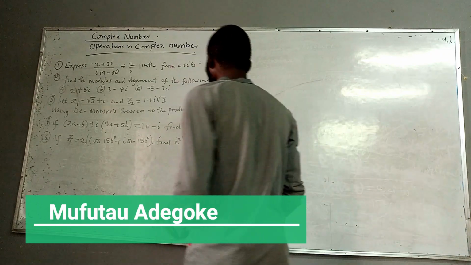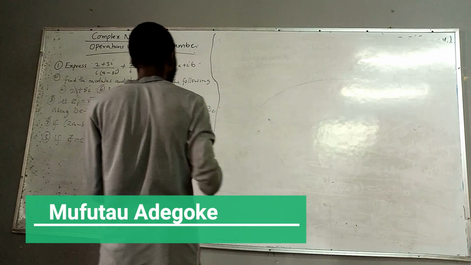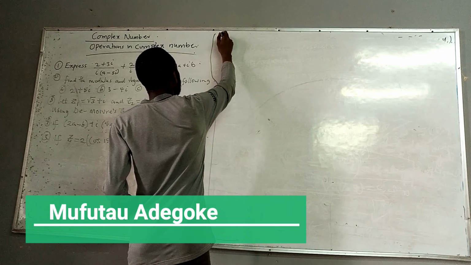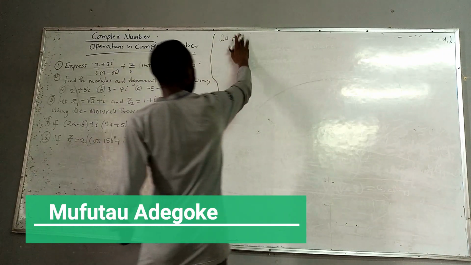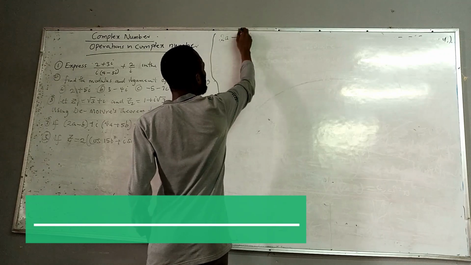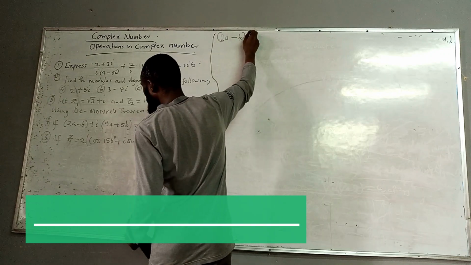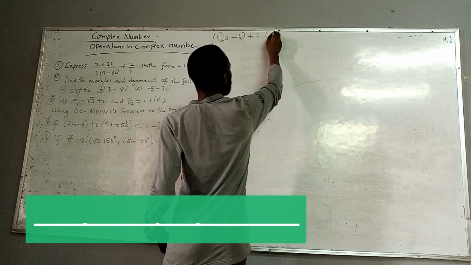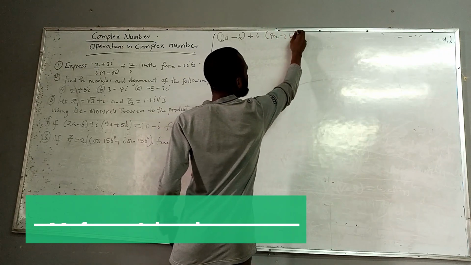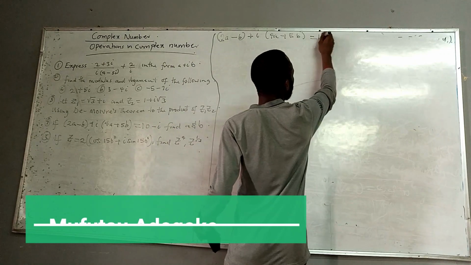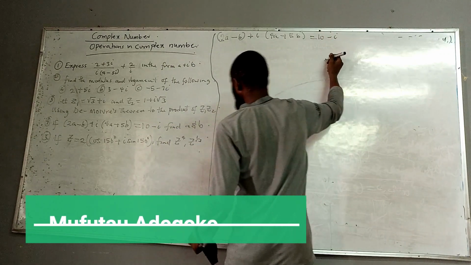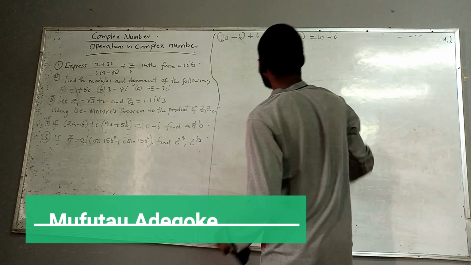Now question 4 is very easy too. We are given 2a minus b as my real part plus i times 4a plus 5b equals 10 minus i. Then they ask us to find a and b. Very easy.